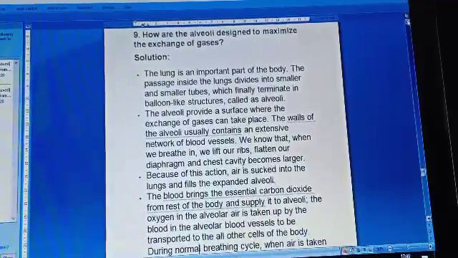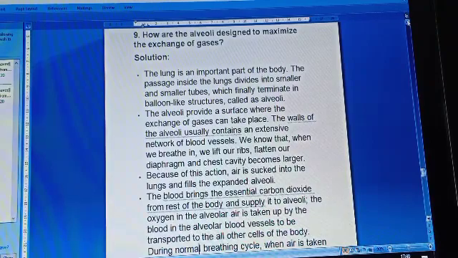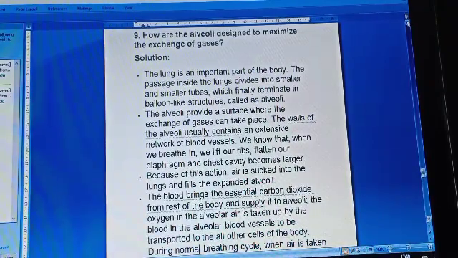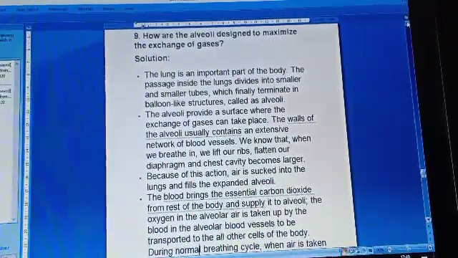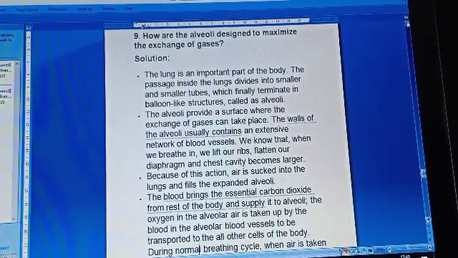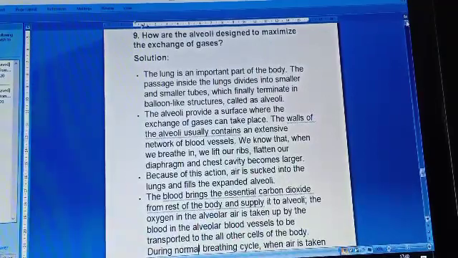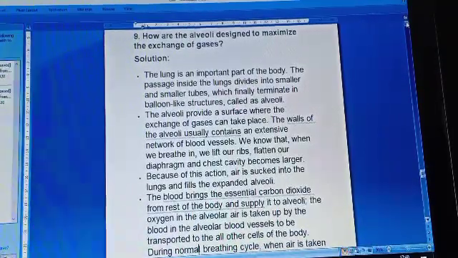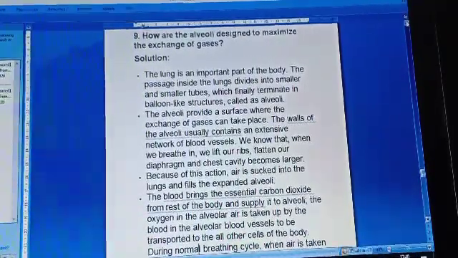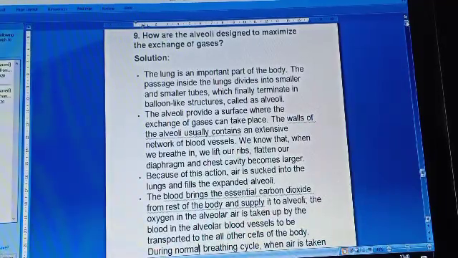So as a process of diffusion, it occurs on the basis of the concentration of the gas. It is transferred from the higher concentration part to the lower concentration part. Here the alveoli contain the maximum amount of oxygen compared to the body.